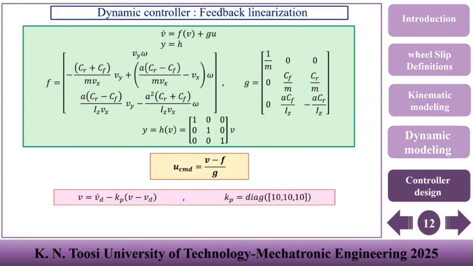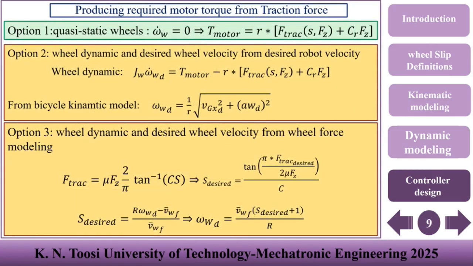Now, the only thing that is left is that our real input is the motor torques, but the output of this controller is the traction forces, so we have to control the wheel dynamics to provide the required motor torque. We have three options. The first option is to ignore the wheel dynamics and just use this term here, which is not accurate, but it would be computationally cheap.